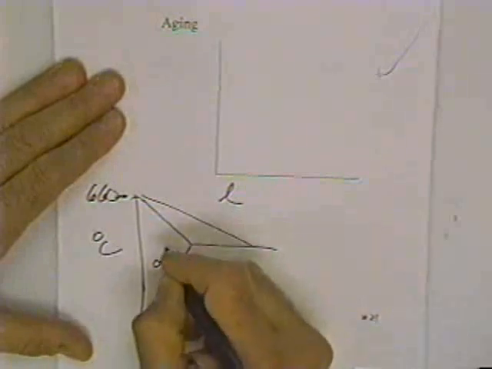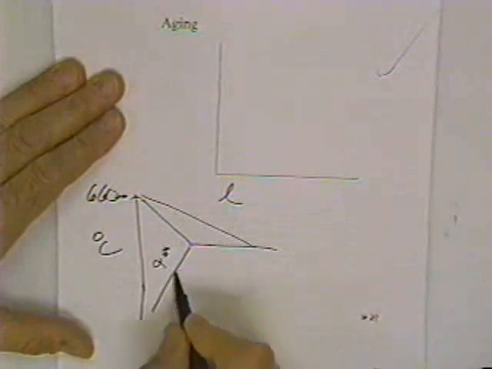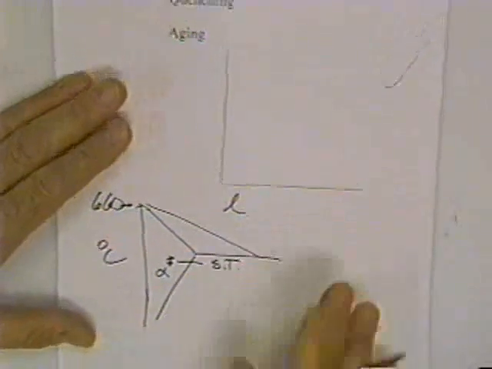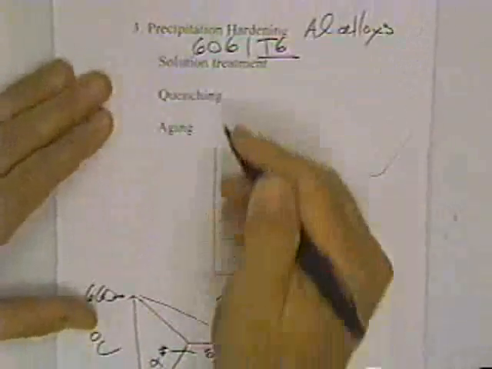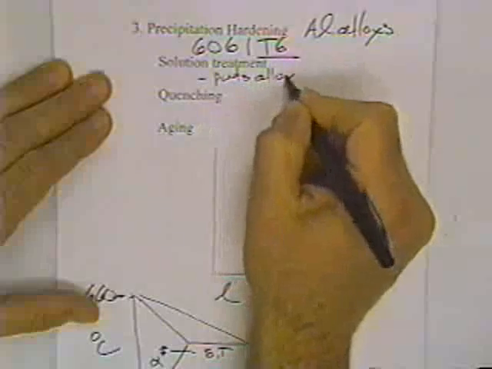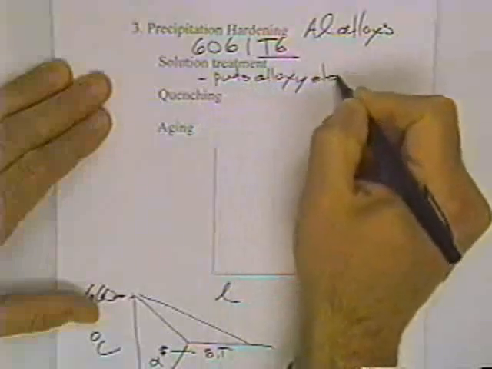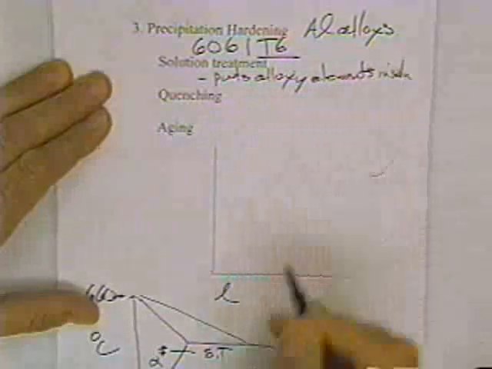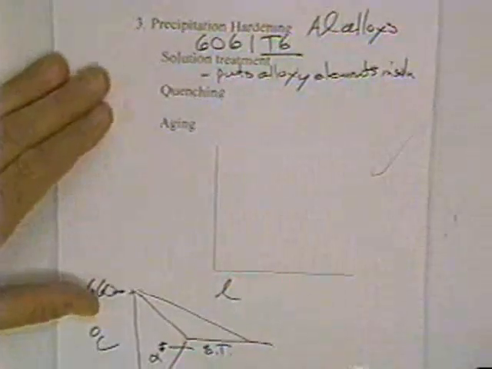And so the solution treatment is under the eutectic, but as high above this phase boundary as you can. So this would be the solution treating temperature. So the first step is to solution treat, puts alloying elements in solution. The second step is quench.